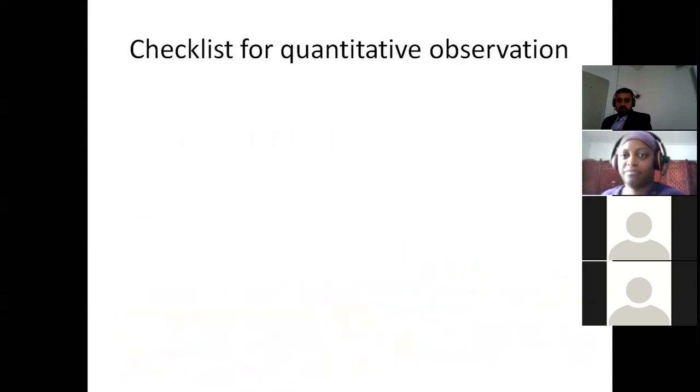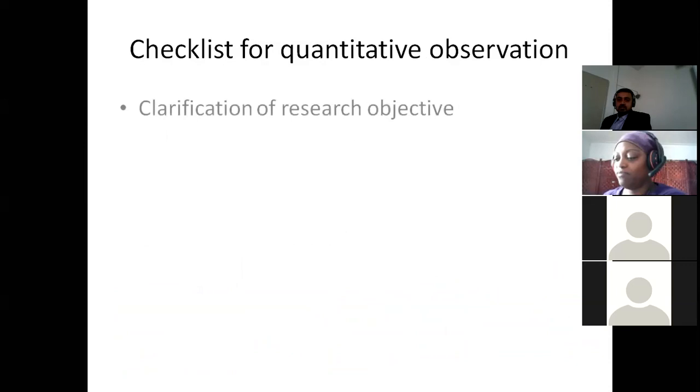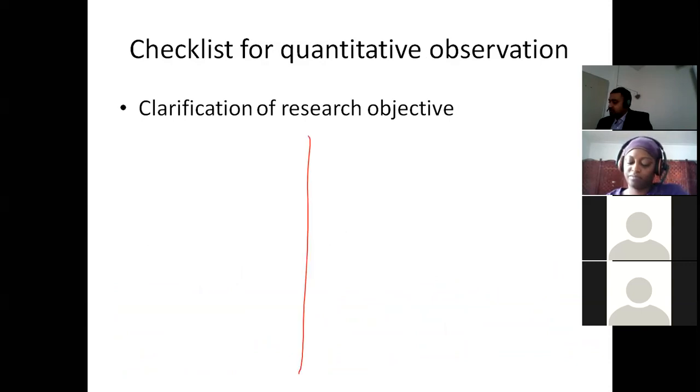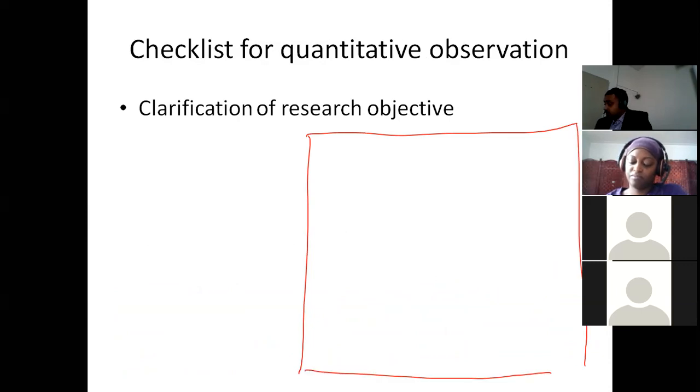You can have checklists for quantitative observation too. So a quantitative observation would be disruptive behaviors in the classroom, like we spoke about. So you have a checklist, and you can write down each disruptive behavior.